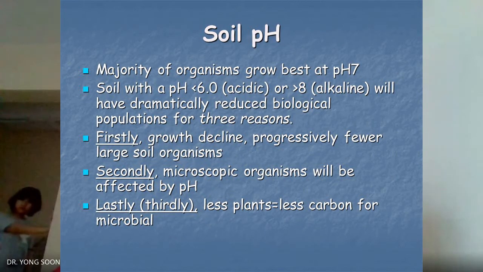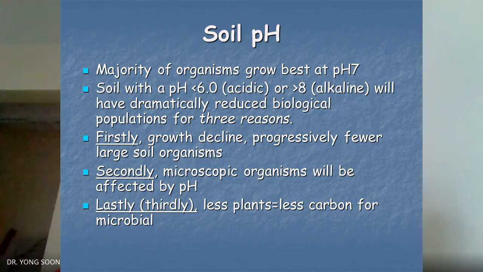So I'm going to start with pH. I think this one doesn't need too much introduction because there are certain organisms that live happily inside a certain pH. For example, at acidic pH, fungus can actually live much better.